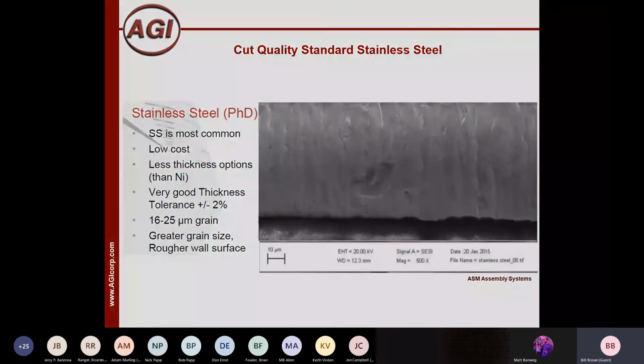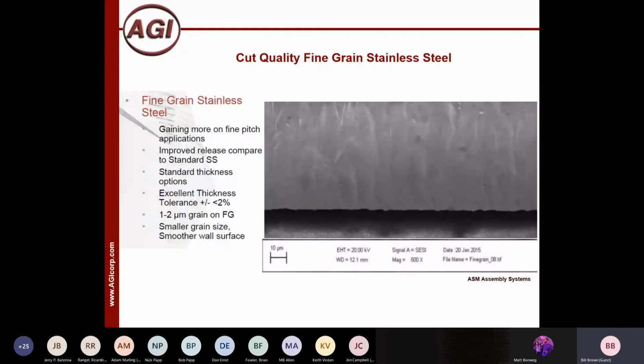As we've advanced, we've gone into better materials. Now we're able to get a 1 to 2 micron grain size stainless steel. When you start with that kind of material and also use advanced lasers to cut it, you're already starting off with a very smooth aperture wall.